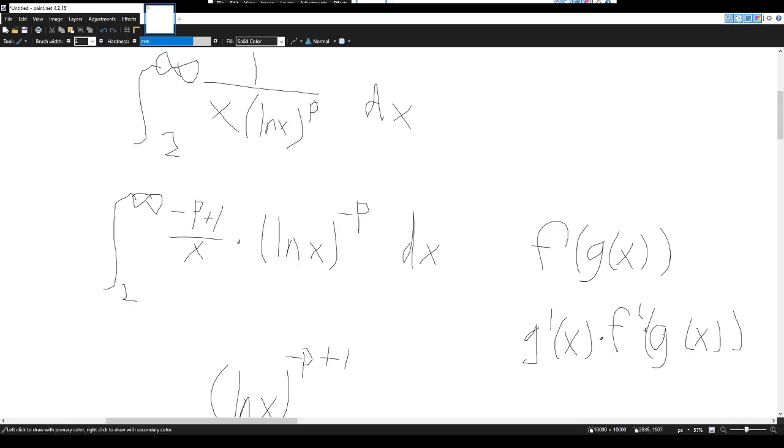Because to fit this, the derivative of f, the f prime, would have to be subtracting 1 from the power. So if we had negative p plus 1, subtract 1, we'd get the negative p, but we'd have to make this also a coefficient. So to make this match the form that we want for the f prime, we have to make that a coefficient, the negative p plus 1.